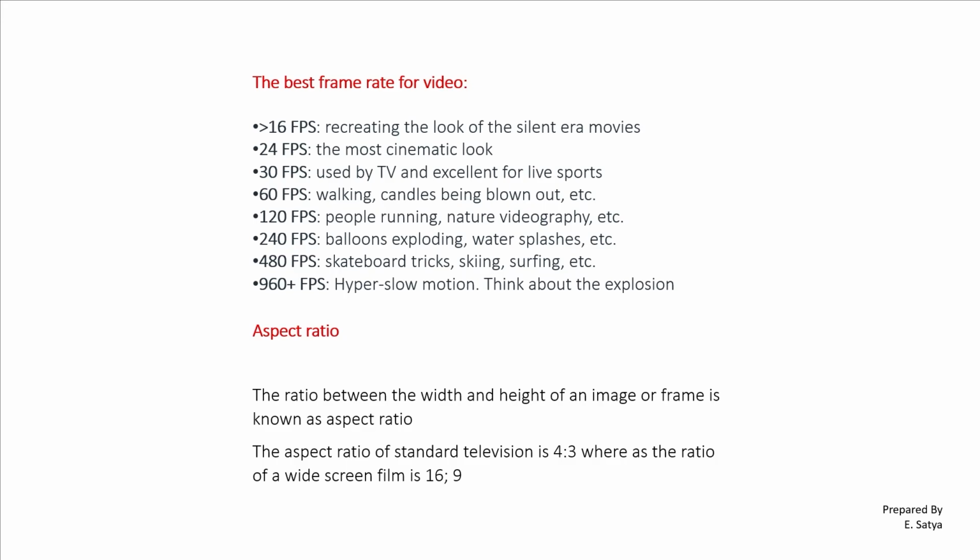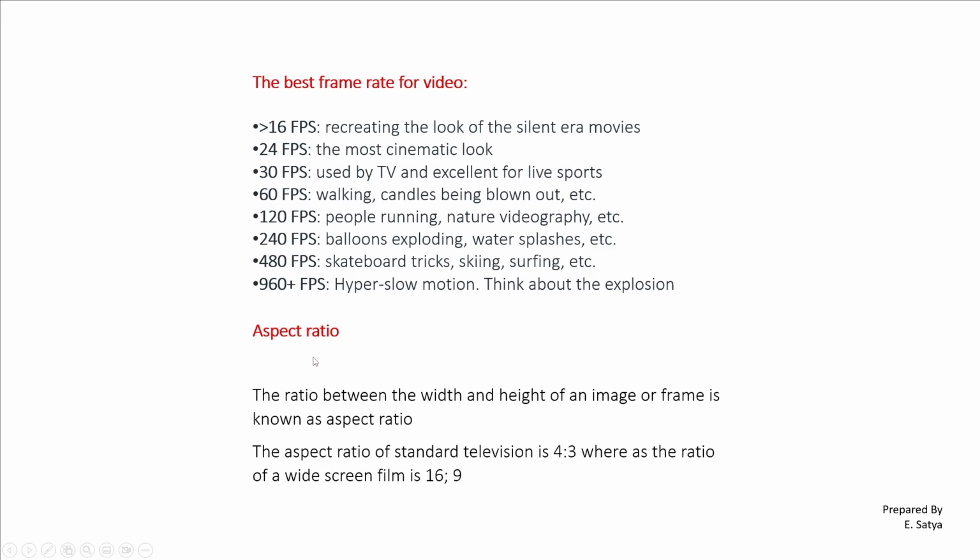Think about an explosion: to record the very minute detail of the explosion, we use 960 FPS. These are the cases, and we choose depending on the result we want. Very commonly, for the cinematic look, 24 FPS is enough.